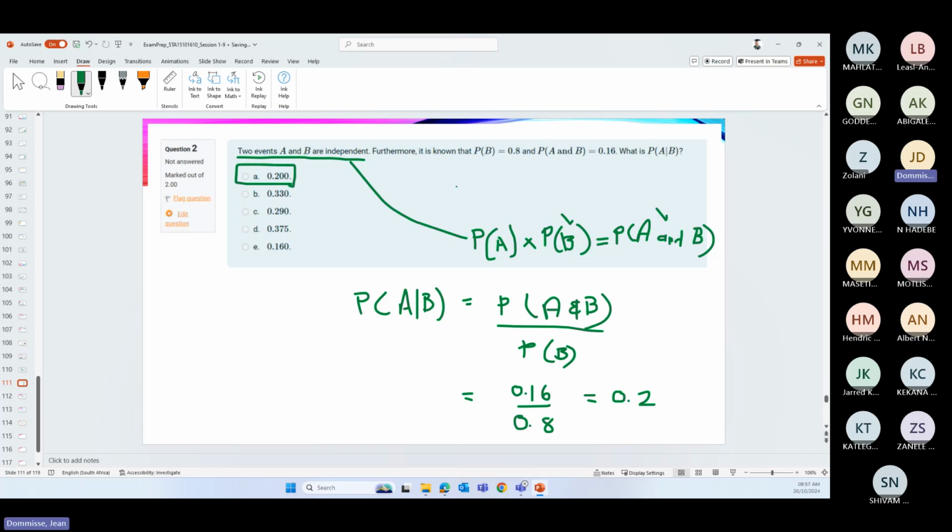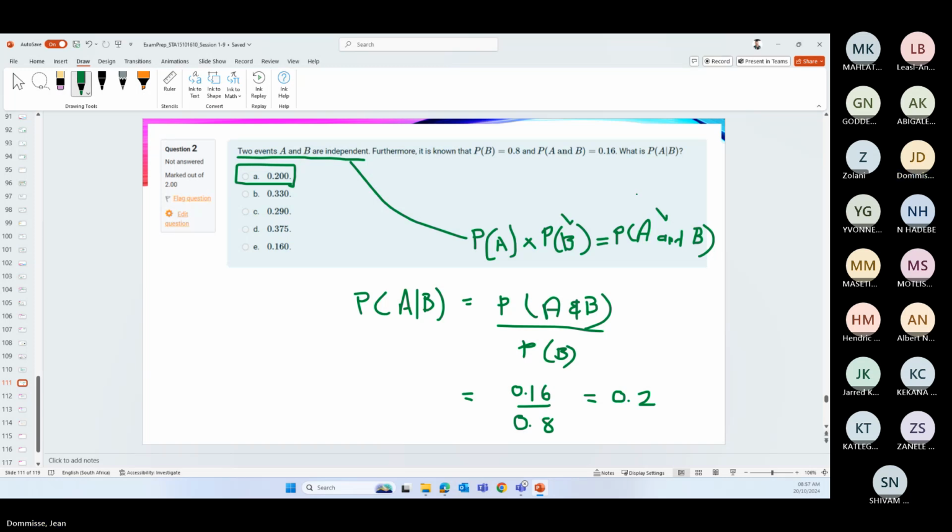Okay, so they've given us all the information that we need so that we can work this out. You can also go into working out the probability of A if you wanted to, but in this one, it is actually not needed.